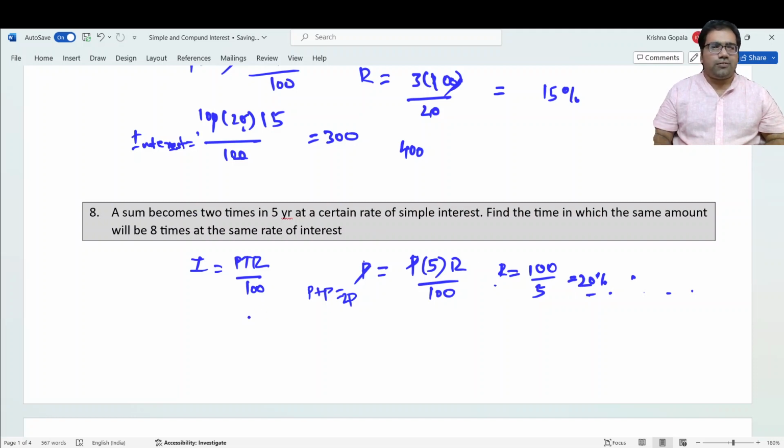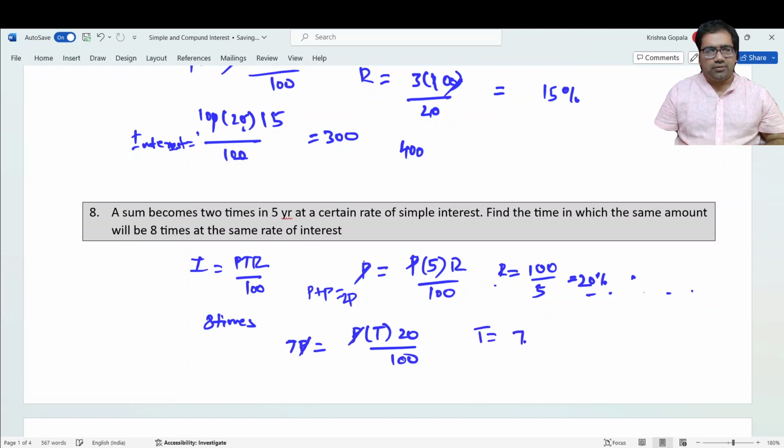Okay. Now what will happen? With the same rate of interest, the amount has to become 8 times. What does that mean? Interest is equal to 7P, right? Then only P plus 7P will be made. 7P is equal to P into T, we don't know, R is 20 by 100. P and P will get cancelled.